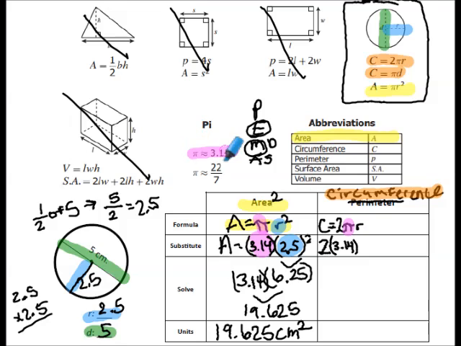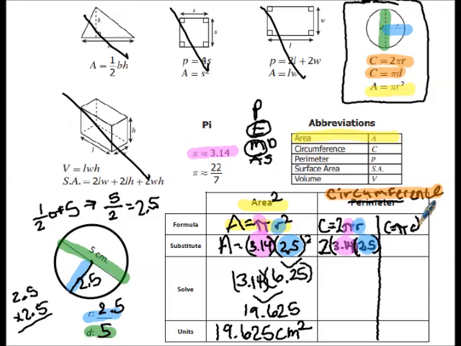We can't use the diameter of 5 in this formula. We have to use the radius of 2.5, because this formula asks us for the radius. So we put the radius in the formula, we put our approximation for pi in the formula, and that all means multiplication. So if I multiply all of that out, I can get the correct answer.